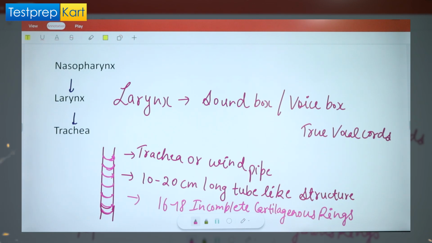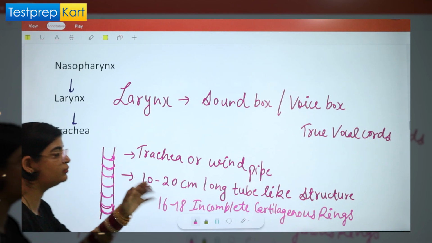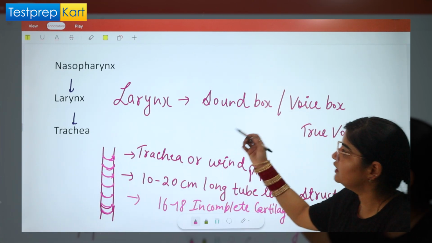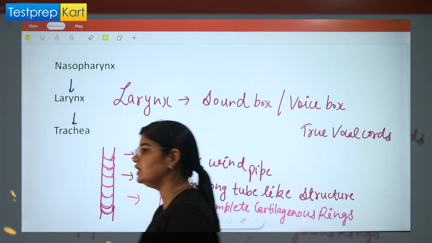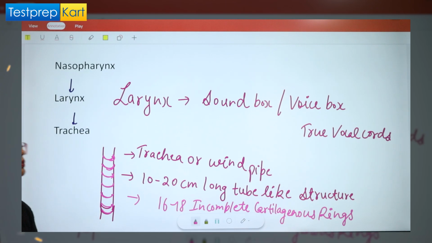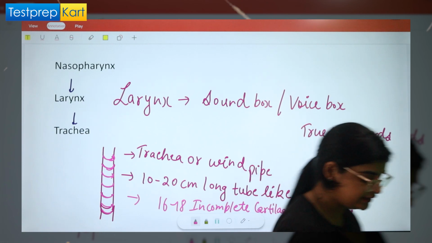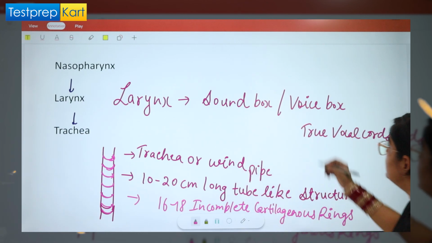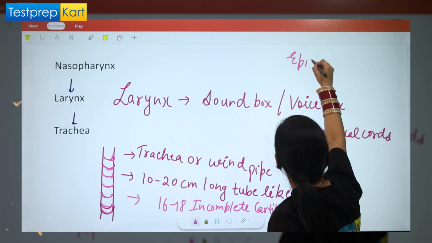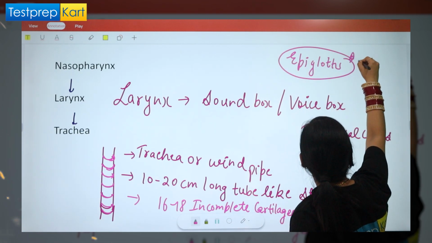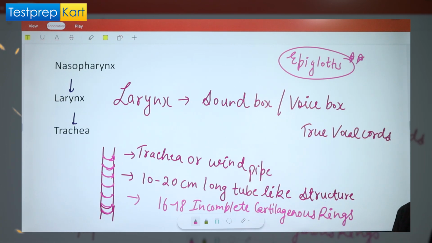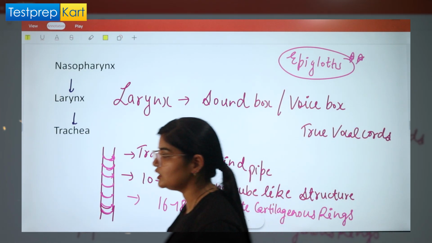So the air which enters by the internal nares towards the nasopharynx will open into the larynx, because larynx is a sound box or voice box, and then from the larynx it will open into the trachea, or windpipe. When we talk about pharynx, we say that it is a common passage for food pipe and windpipe, right? So there is a cartilage named epiglottis, which is a flap-like elastic cartilage which covers the larynx during sound production, right?